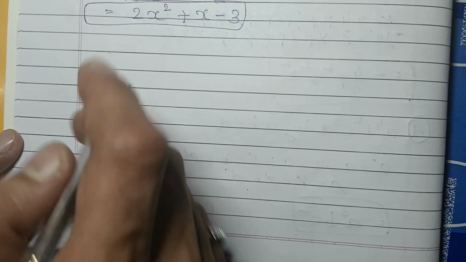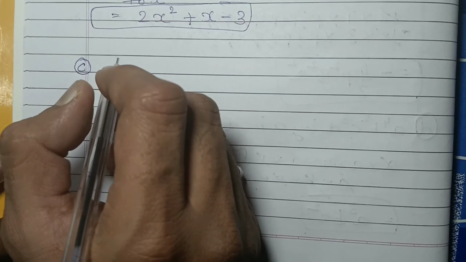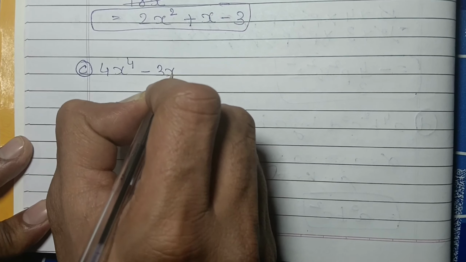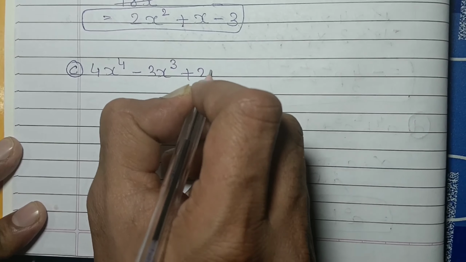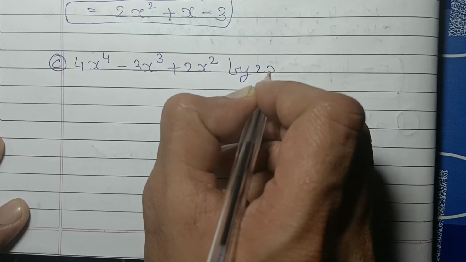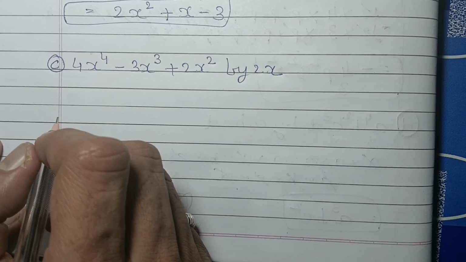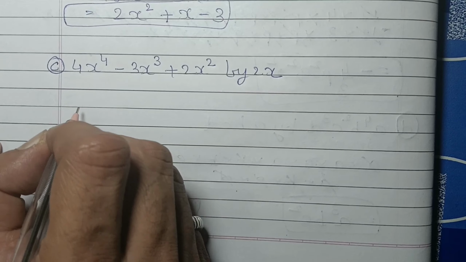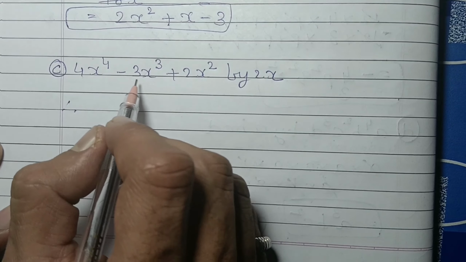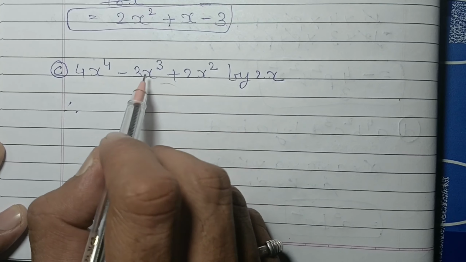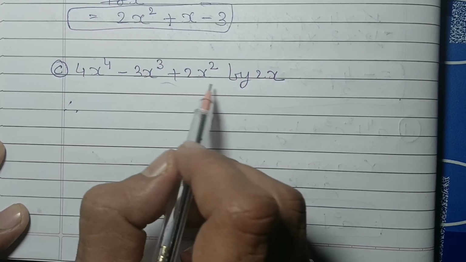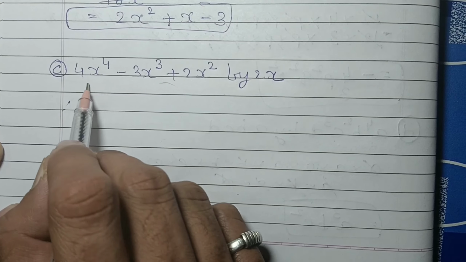Now the next question is C question, which is 4x to the power 4 minus 3x cube plus 2x square, and we have to divide these by 2x. Okay, now if we have to take out common, we can take x square common in these.